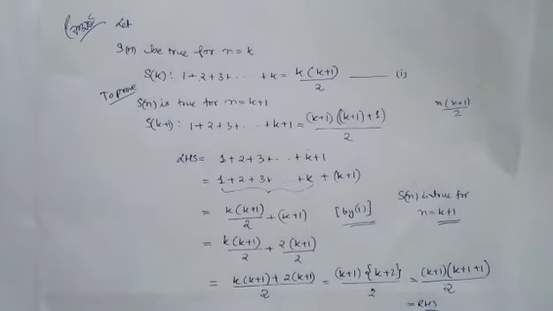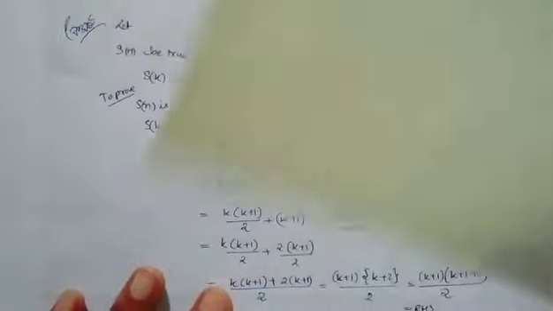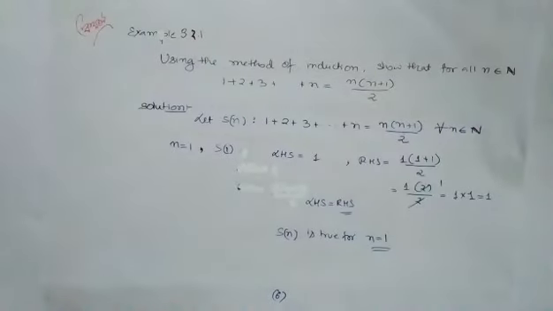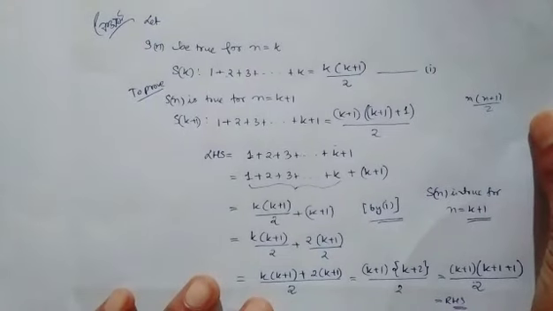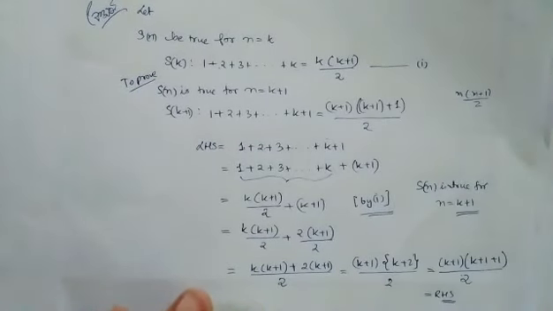So we can now conclude like this: at first we checked whether the statement was true for n equal to 1, which was the least natural number, and we found that it was true. Then we considered that the statement was true for n equal to k, and using this we proved that it was true for n equal to k plus 1, which is the next natural number after k.